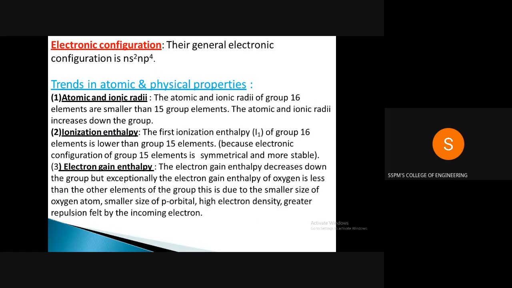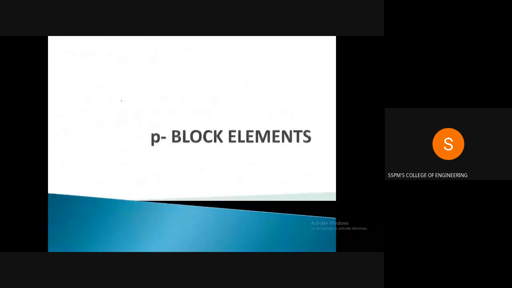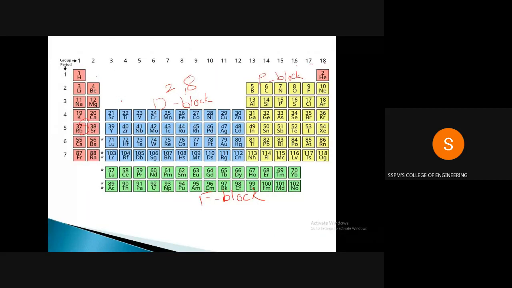Then trends in atomic and physical properties. When we learn the properties of any group, they are similar to those of the other groups. तुम्ही जर एक प्रॉपर्टीज इन्क्रीज लर्न केल्या ग्रुप 16 एलिमेंट असेल, ग्रुप 17 और ग्रुप 18 सिमिलर प्रॉपर्टीज आहेत, एकाच फिजिकल प्रॉपर्टीनुसार सगळे. हा जो ऑक्सिजन फॅमिलीचा ट्रेंड आहे तोच ट्रेंड तुम्हाला 17 मध्ये पण दिसेल आणि 18 मध्ये पण तोच ट्रेंड दिसेल. जसं मी इथे सांगितलं होतं 17 ग्रुप मध्ये आयोडीन इज अ रेडिओ ऍक्टिव्ह एलिमेंट.